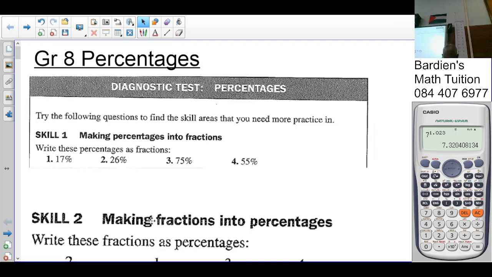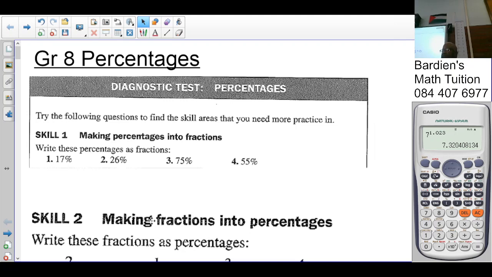In improper form it will be 1919 over 100. Number 16 is 38 and 21 over 50. Number 18 is 6 and 14 over 1000, which is 7 over 500. And then the last one is 6 and 13 over 20 in the simplest form.